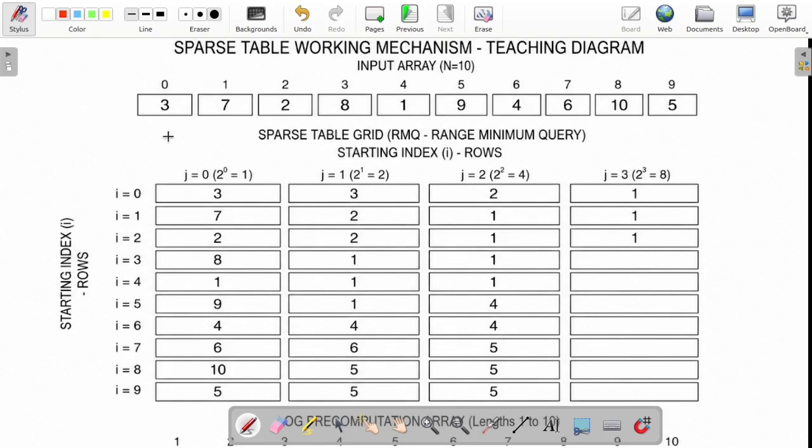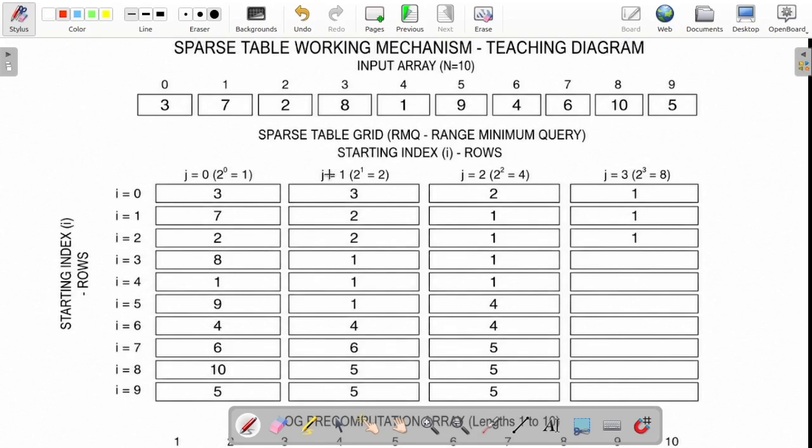Now, a sparse table is always built from smaller powers to larger powers. Like first we will build sp of i comma 0. 0 means 2 to the power 0. We will first calculate for each index the answer within a segment of length 2 to the power 0, that is 1.